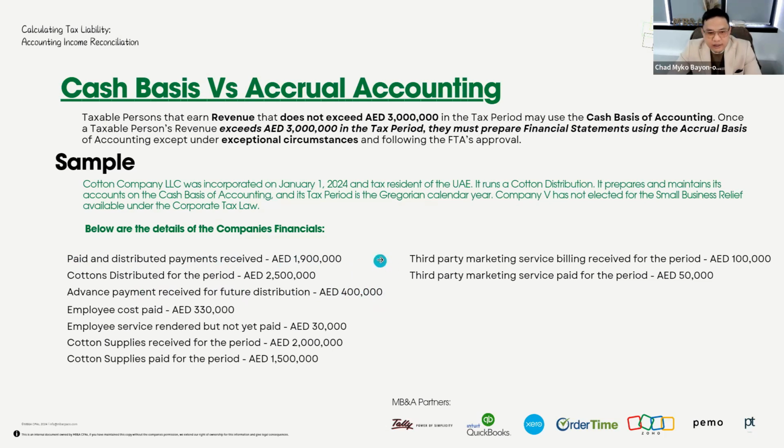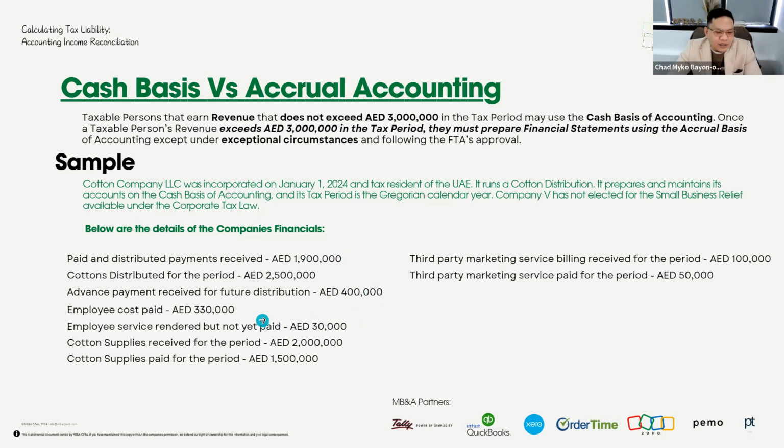Is it within the requirement for usage of cash basis accounting? The answer is yes. Okay. So since they have a revenue of less than 3 million, then it is considered okay to use cash basis accounting. So they will be able to get the revenue here of 2.3 million.